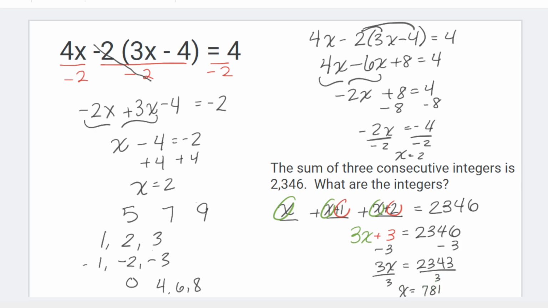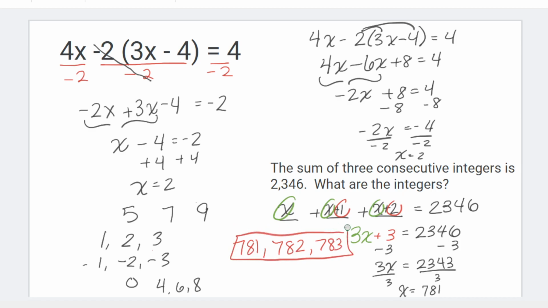So 781 is the first number in that list. You need to make sure to list all three of them. So if the first blank was 781, the second blank is that number plus 1, so 782. And the third blank is that number plus 2, so 783. And those would be my three values.